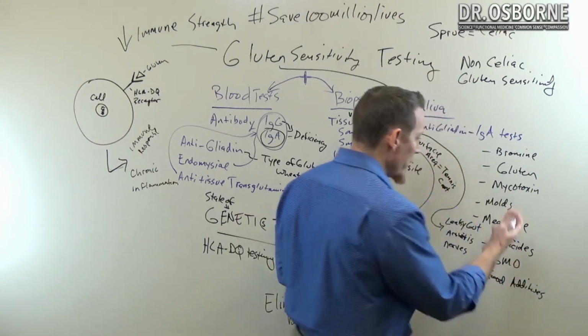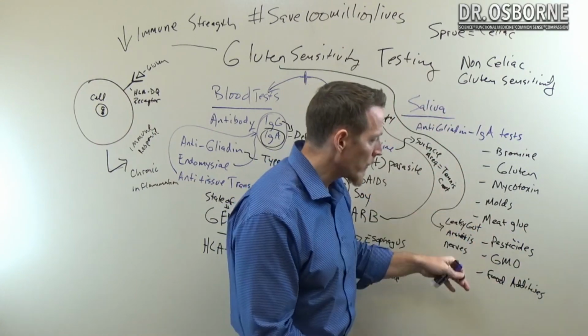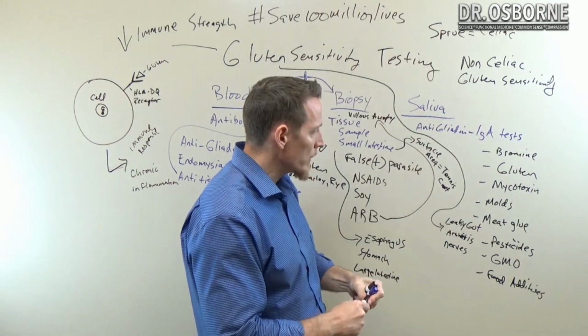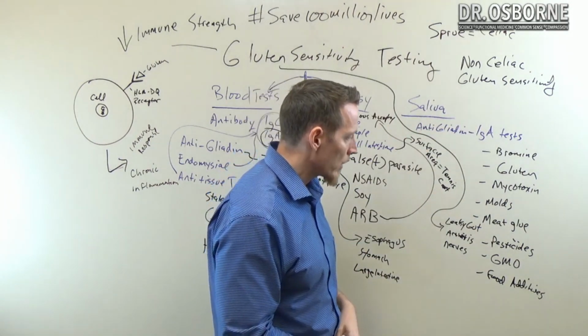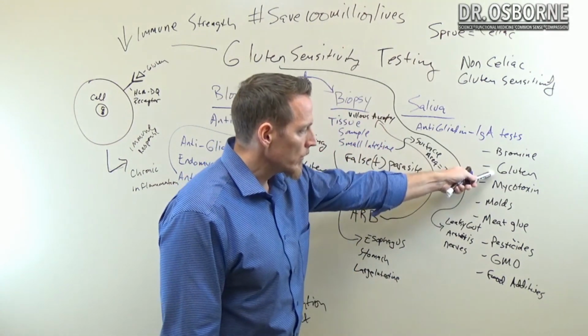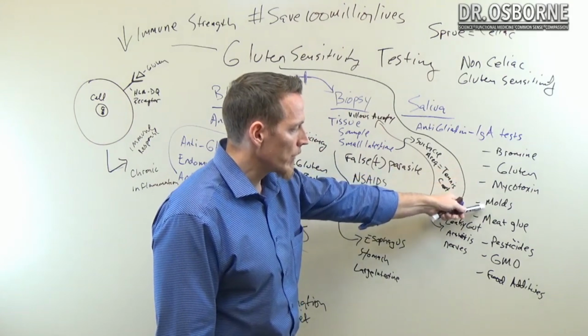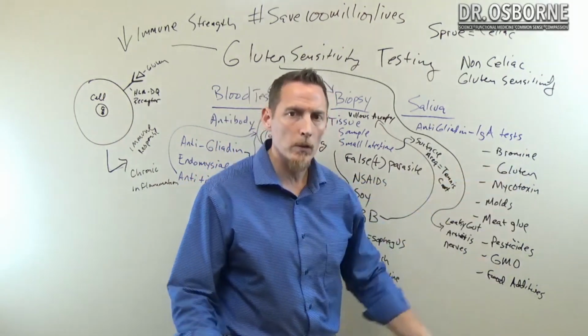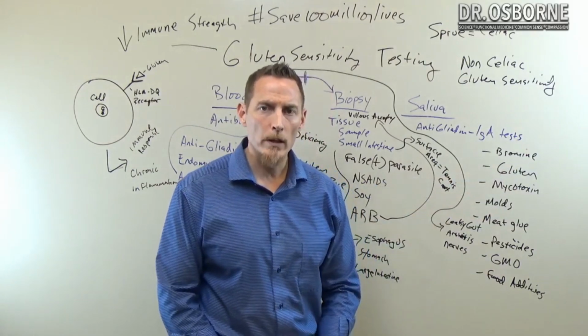This is just a handful of reasons. There are many more than this, but this is an example of, if you do an elimination diet and you feel better, how do you know you're feeling better? Because of gluten, because of this, because of mold, because of meat glue, because of pesticides or GMO or food additives or bromine or whatever it is. How do you know which one it is?